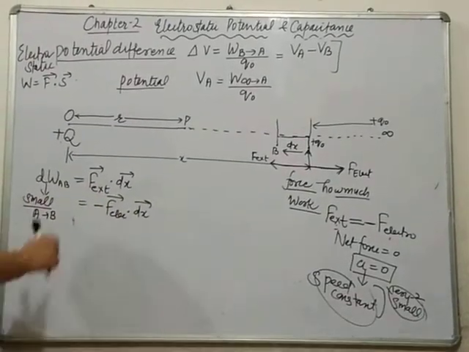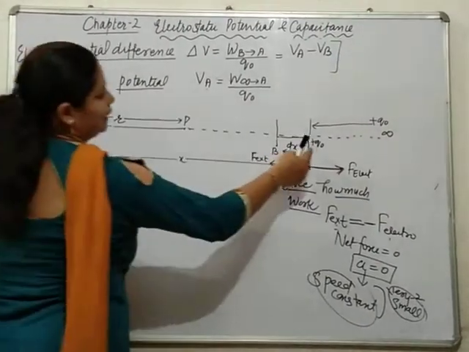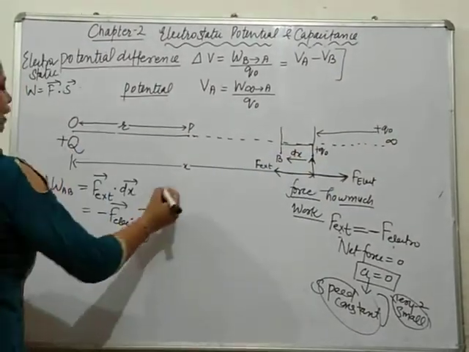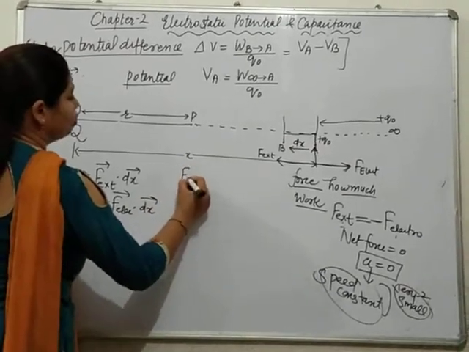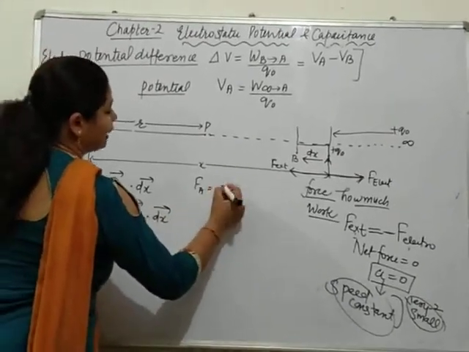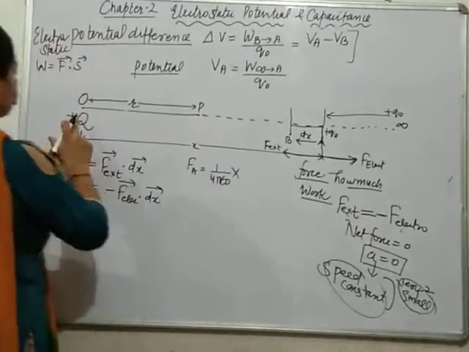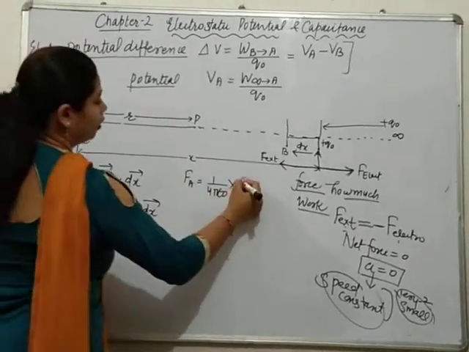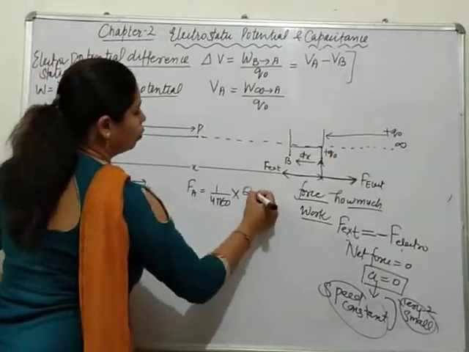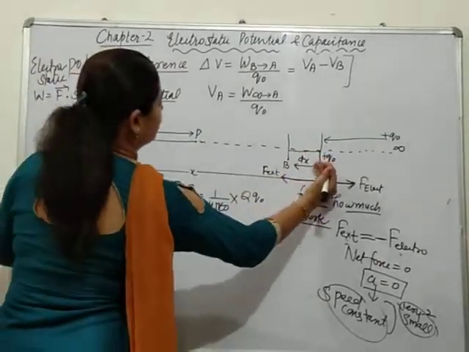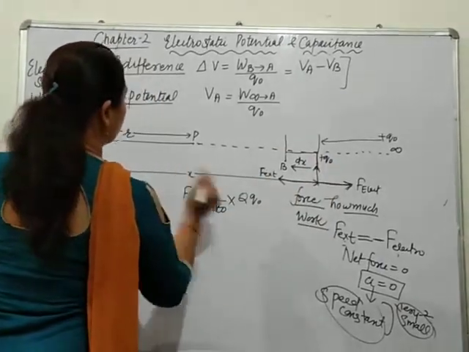How much force the charge experiences at point A is given by Coulomb's law. So the force at point A is given by 1/4 pi epsilon naught, source charge capital Q, second charge Q naught, upon the separation squared, where the separation is small x.